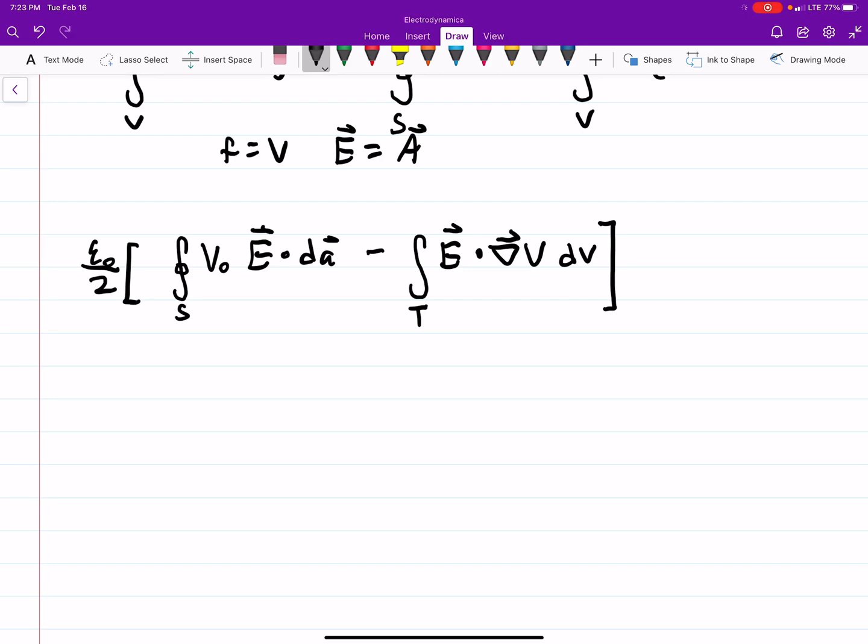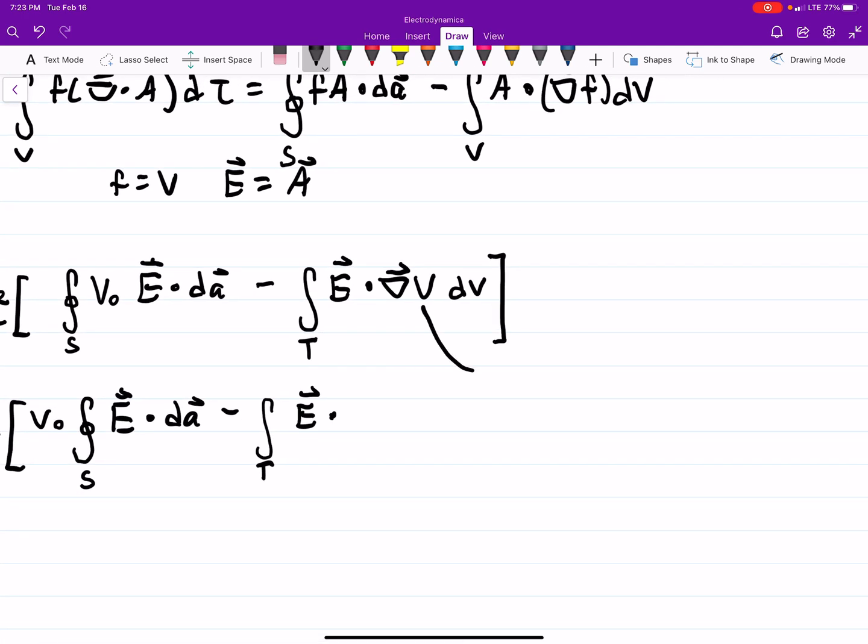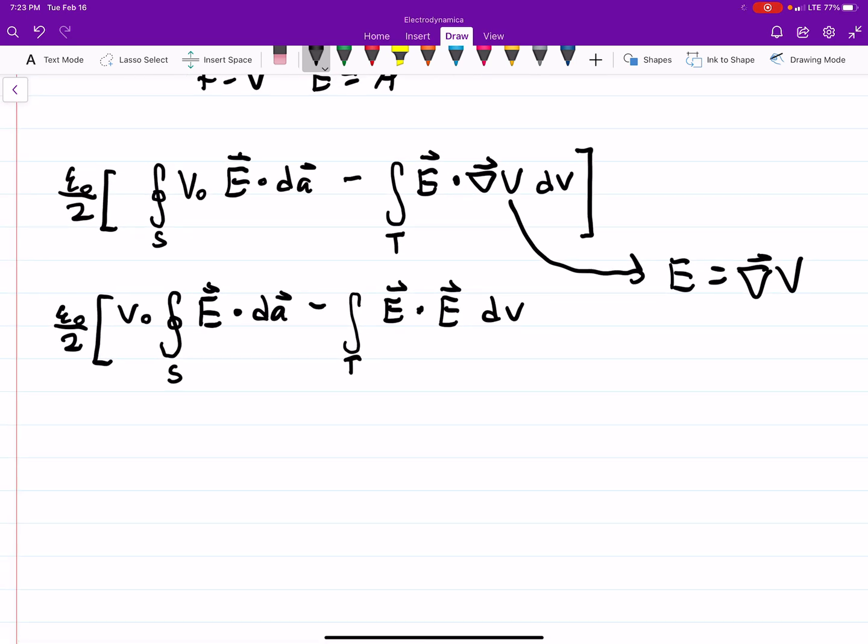Well, V naught's a constant, so I can pull that out. So I get epsilon naught over 2 times V naught, the closed surface integral of E dot dA minus the volume integral of E dot. Now, if we remember, our electric field is simply the gradient of our potential. So I could replace that with vector E dV. And, well, we'll get there in a second.